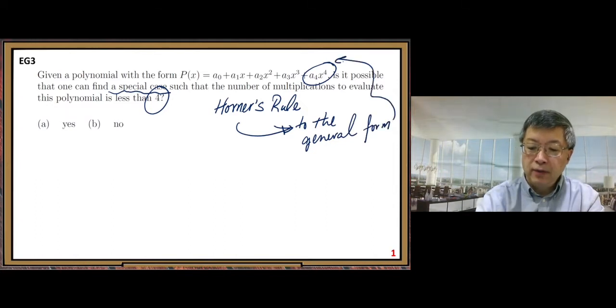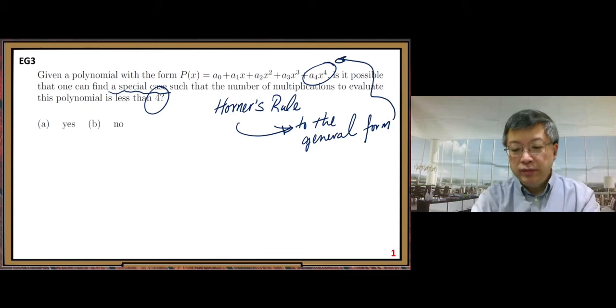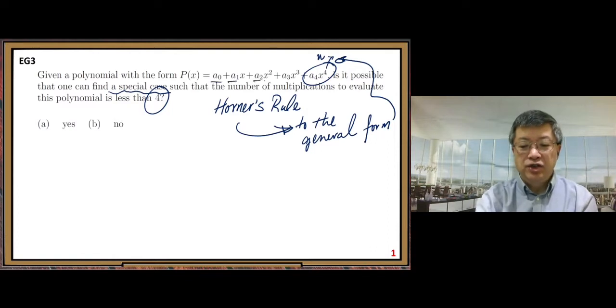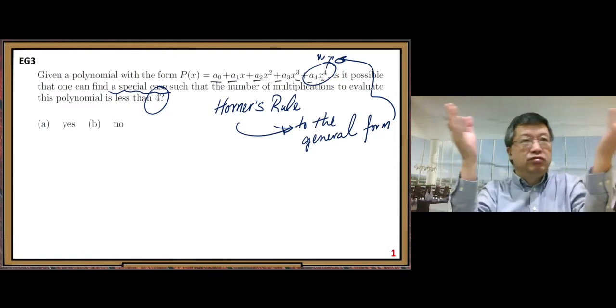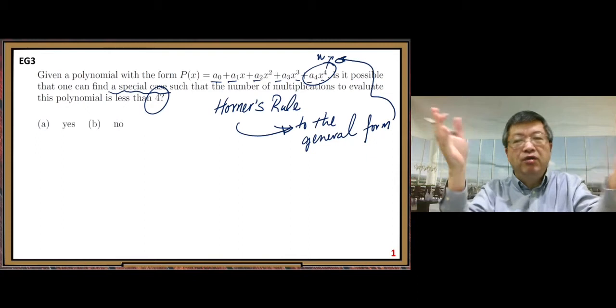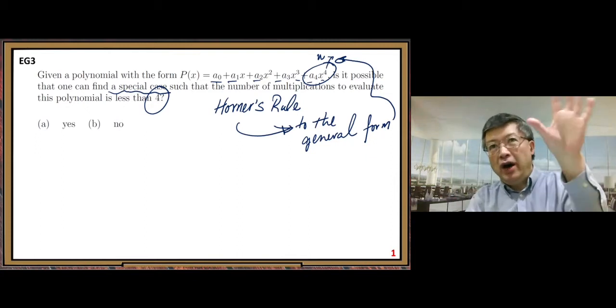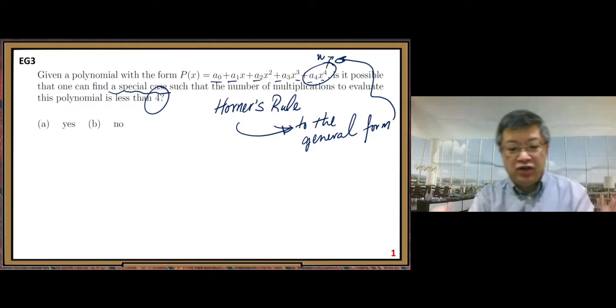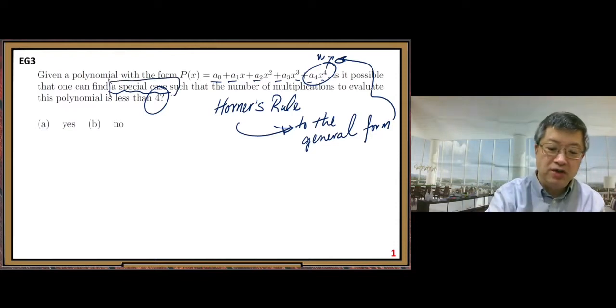Even more general, this 4 is n, right? But the coefficients have no special properties. All right, so now we ask this question just for a special case.